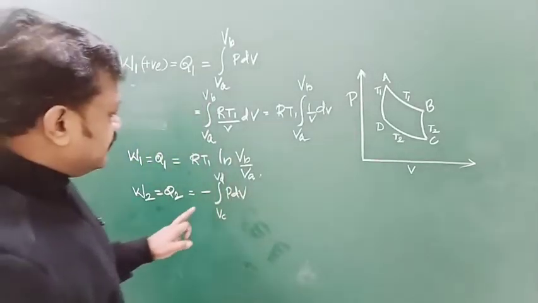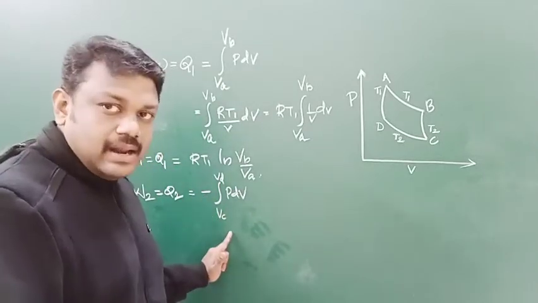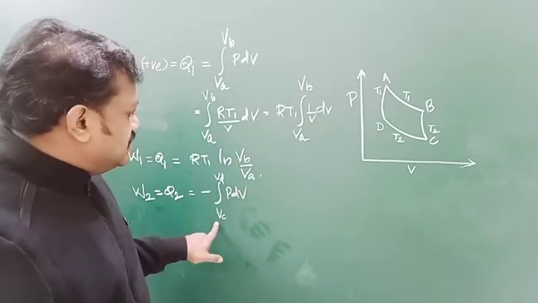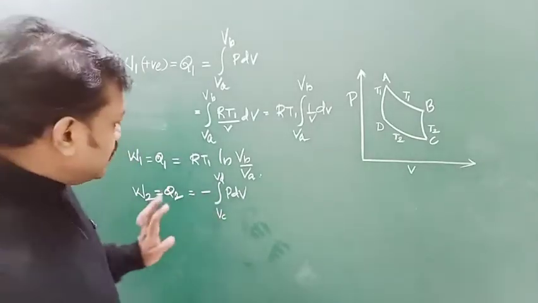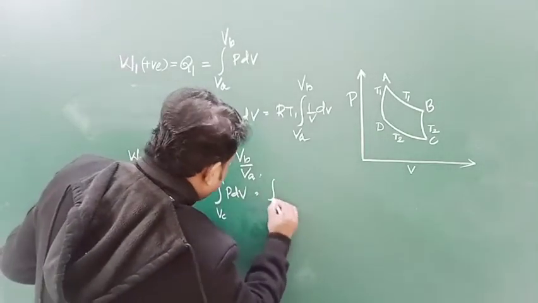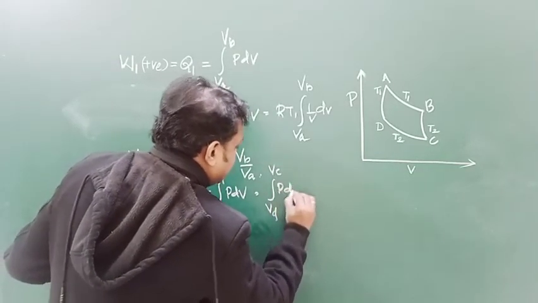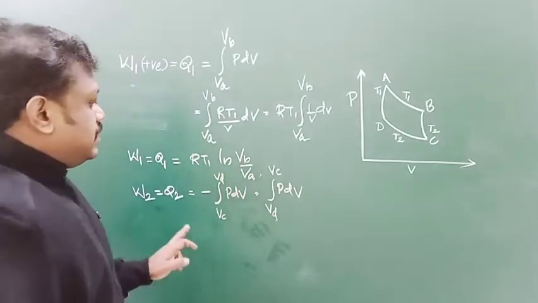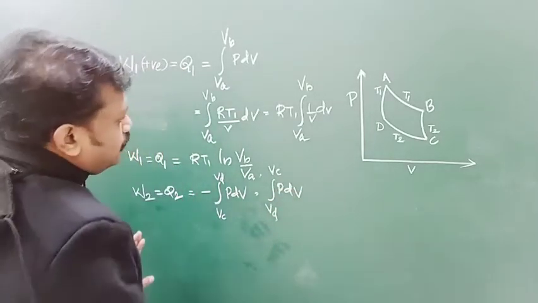One property of the integral that we have already seen is that if you have a negative integral, you can interchange the limits so as to neglect the negative sign. So that becomes the integral from Vd to Vc of P dV. Now what is that?